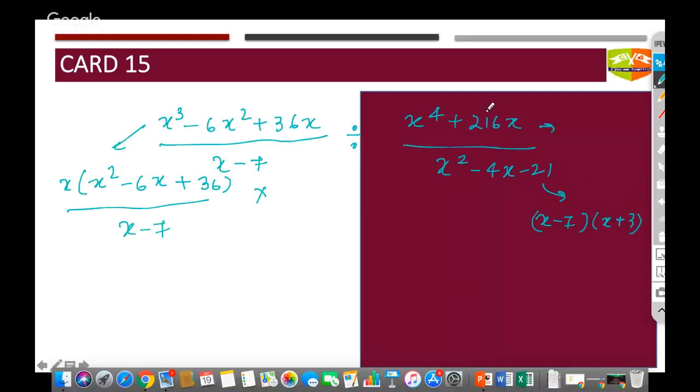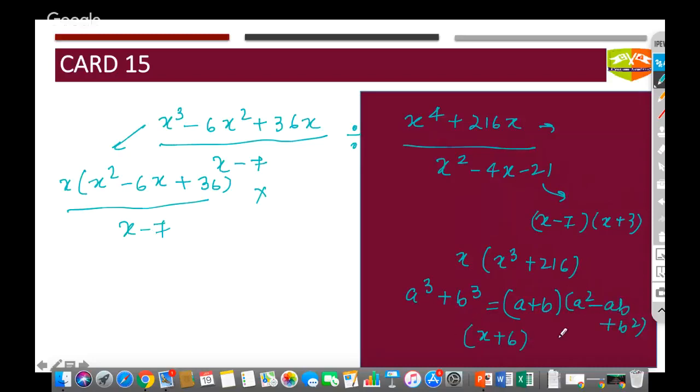The other term, if you take x common, comes out to be x cube plus 216, and a cube plus b cube can be written as a plus b times a square minus ab plus b square. So I can write this as x plus 6 times x square plus 36 minus 6x.